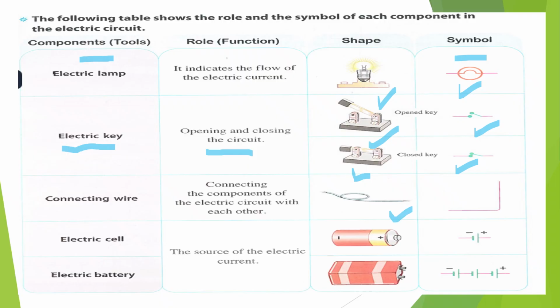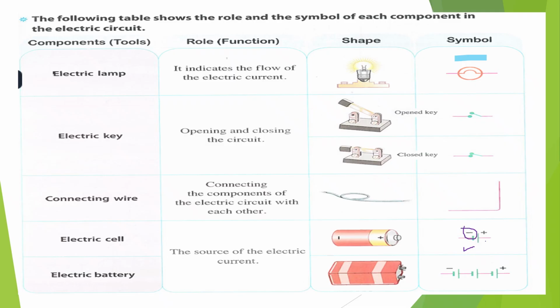And here is the symbol of the wire in the circuits, and the battery, which is very important. Why? Because the symbol of the battery is represented by two lines. One of them is a short line representing the negative pole of the battery.